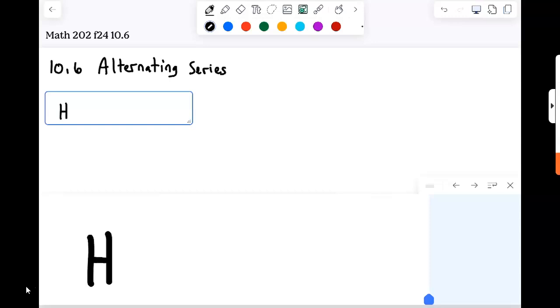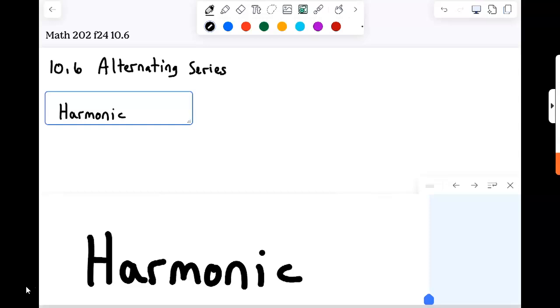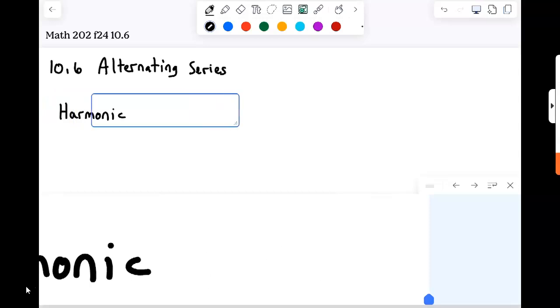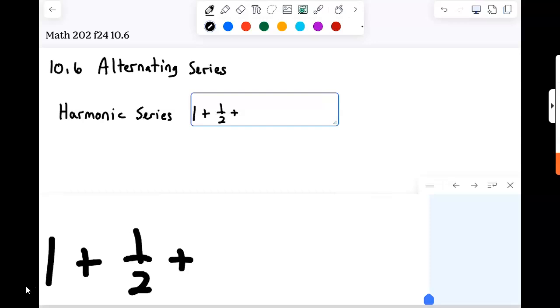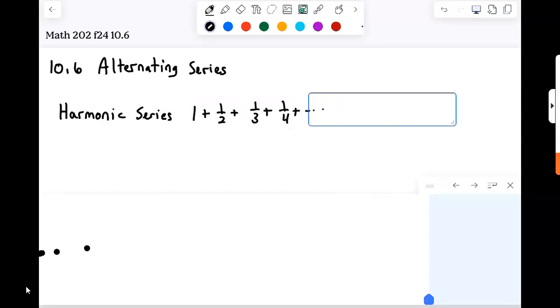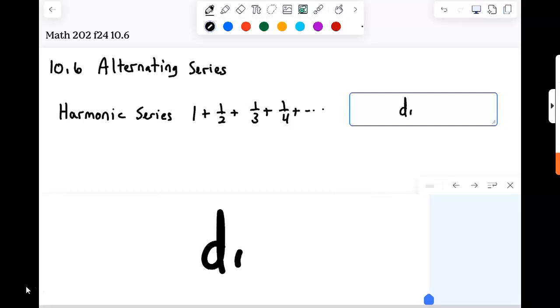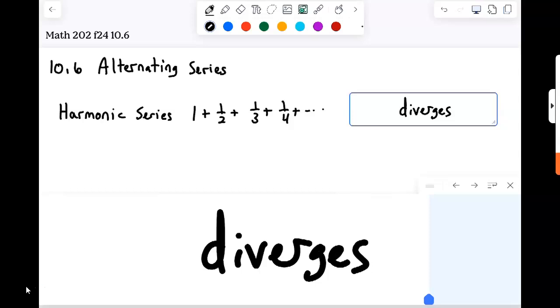So now we already know, because we've investigated it a couple of different times now, that the harmonic series, which is 1 plus 1/2 plus 1/3 plus 1/4, and so on forever, diverges, and we were able to establish that with the integral test.